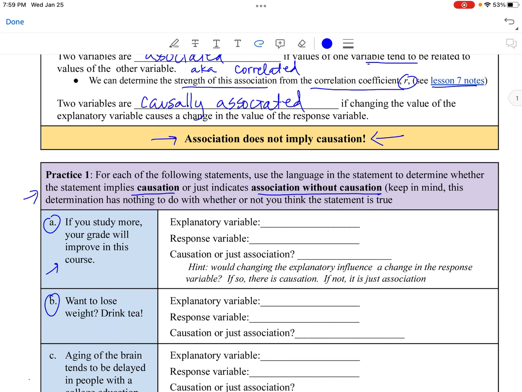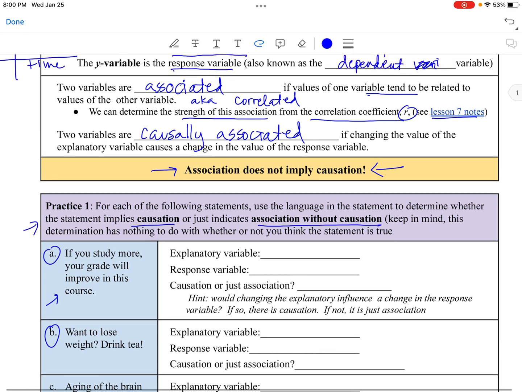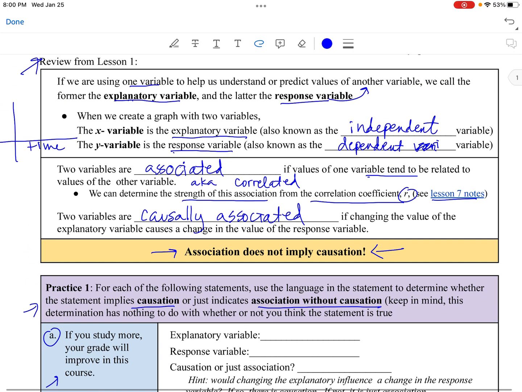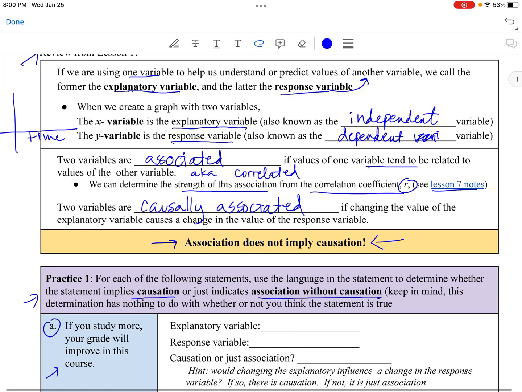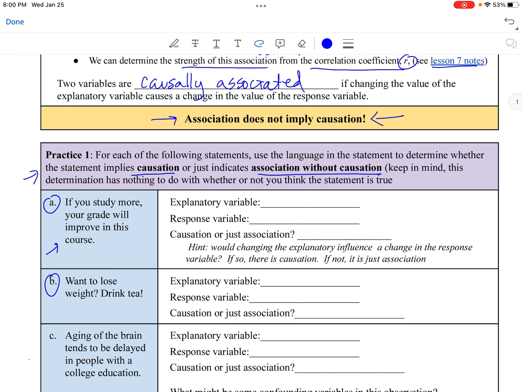So let's think about what the explanatory variable is and the response variable. Let's look at our definition. Explanatory variable is using one variable to help us understand or predict the values of the other. So we would use time spent studying. The amount of time you study would be able to predict your grade in the course.